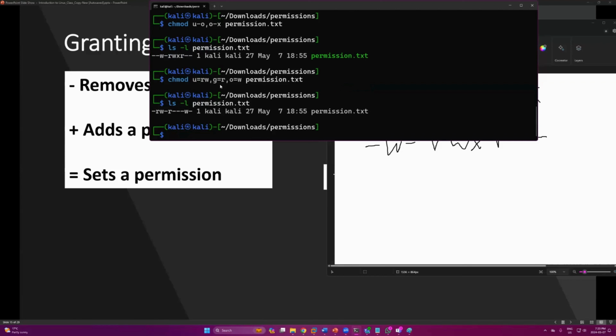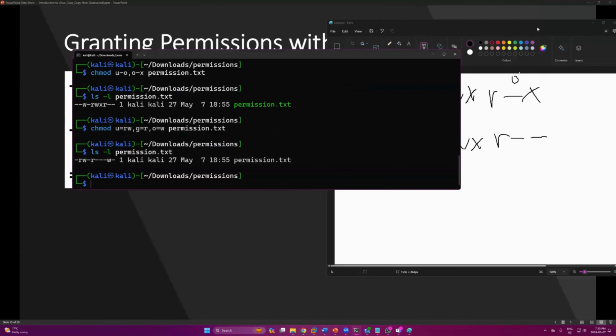You're never going to mess this one up, but this is also going to be really long to type, right? So just keep that in mind. But this is basically how you grant permissions to files and folders.